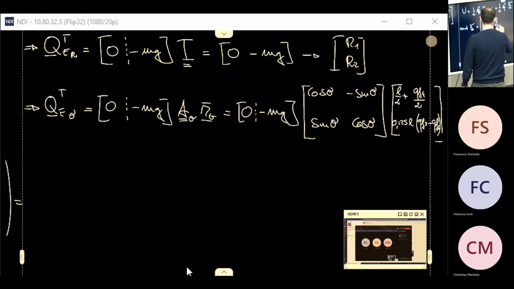Okay. And if you do this matrix multiplication, you get eventually this. Sorry, I got confused with this plus.